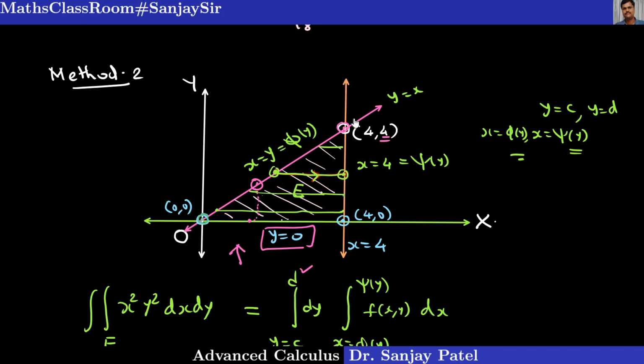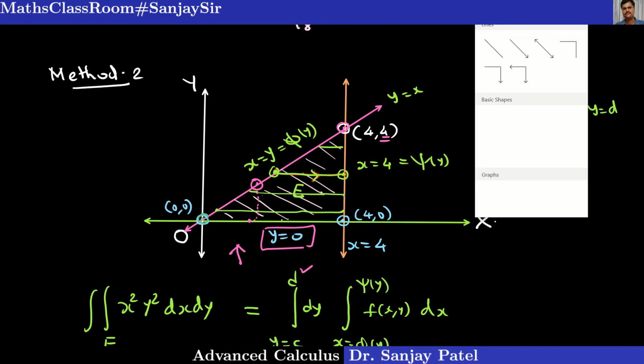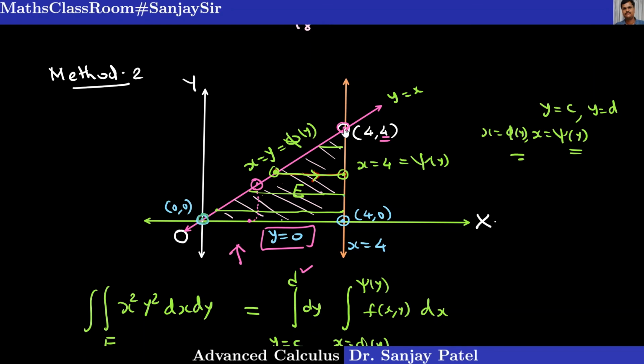Or I can draw a line, say y is equal to 4, like this. It is passing through the point 4, 4, and its equation is y is equal to 4.